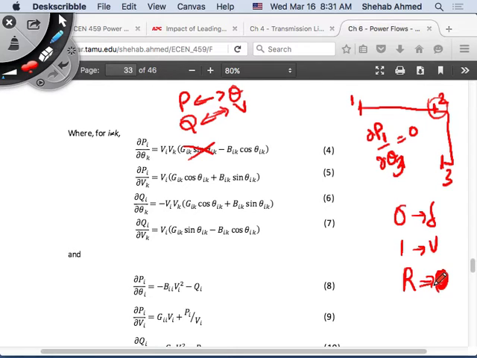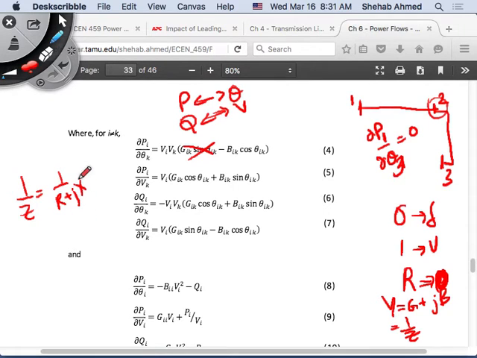So if R is 0, remember that admittance is equal to G plus jB, which is equal to 1 over Z. 1 over Z is equal to 1 over R plus jX.